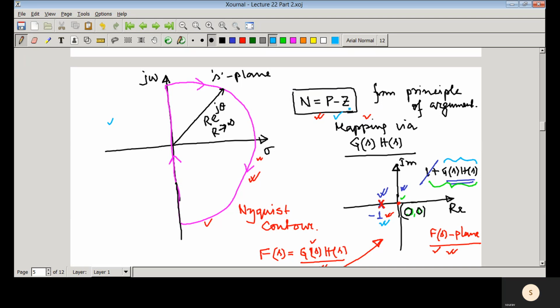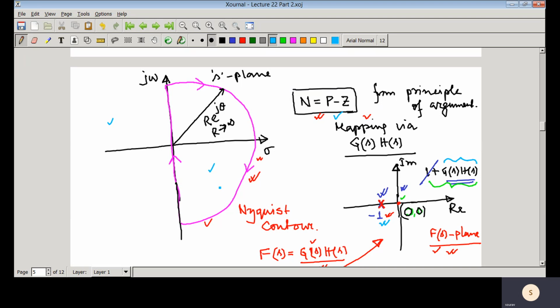And in closed loop control system our interest is to see whether closed loop poles lie in this particular region or not.